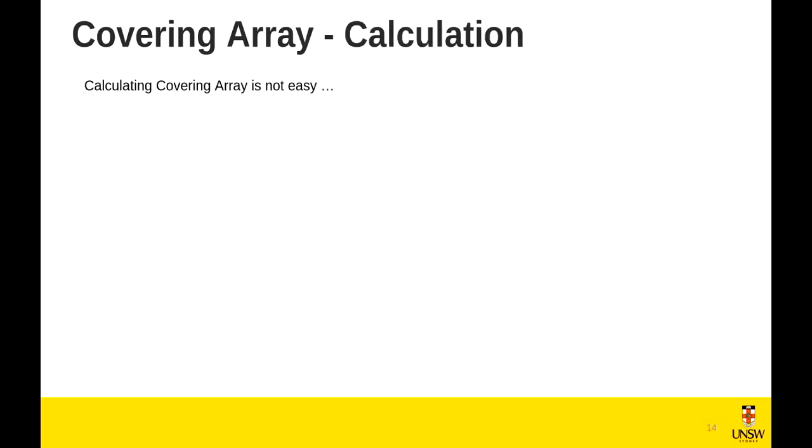And you may wonder how this covering array is calculated. Calculating a covering array is actually not very easy, as you could imagine. There are several algorithms for calculating it, such as simulated annealing and genetic algorithms. We can also use greedy algorithms.